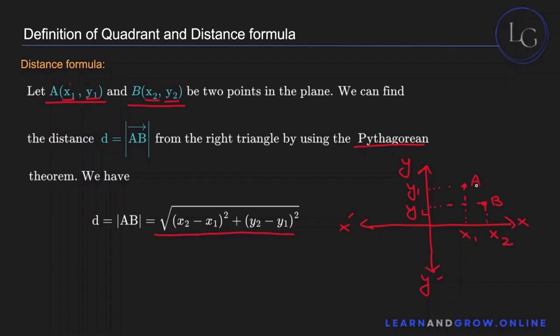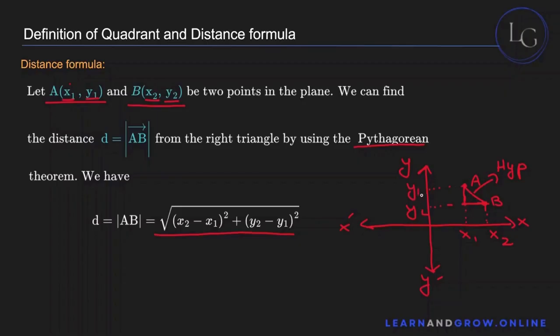Now you can draw a line between them. This will be the distance between A and B, this line that connects them. And you can draw this as a right angle triangle like this. So this distance AB is the hypotenuse of the right angle triangle.